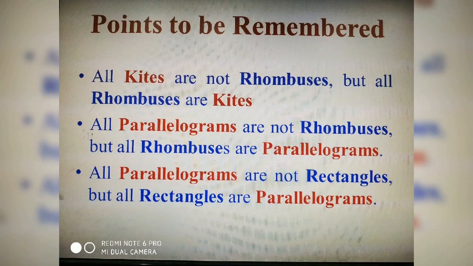Some points to be remembered: all kites are not rhombuses, but all rhombuses are kites. All parallelograms are not rhombuses, but all rhombuses are parallelograms. All parallelograms are not rectangles, but all rectangles are parallelograms. You have to remember all this.